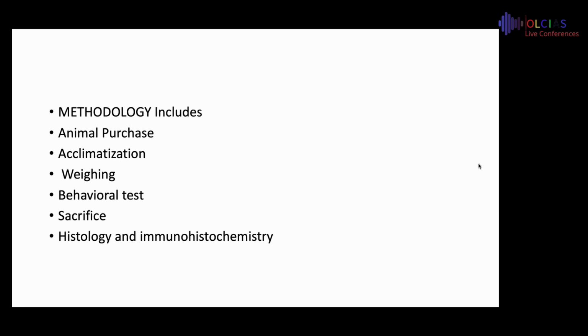We expect the animal to locate the escape platform after the initial training within 60 seconds. Any animal that is not able to locate the escape platform within that period is said to have lost memory processing ability. Those are the behavioral tests we carried out on the animals.